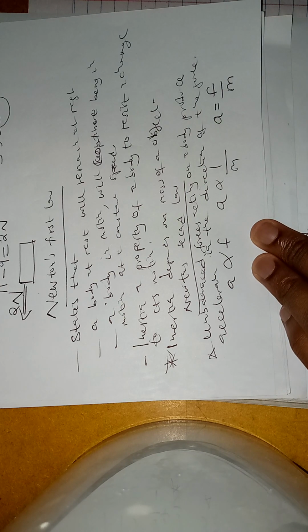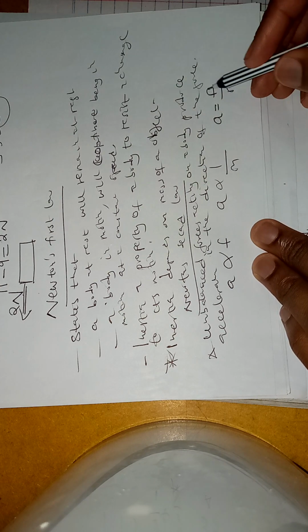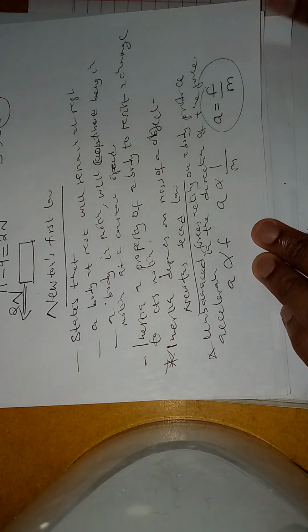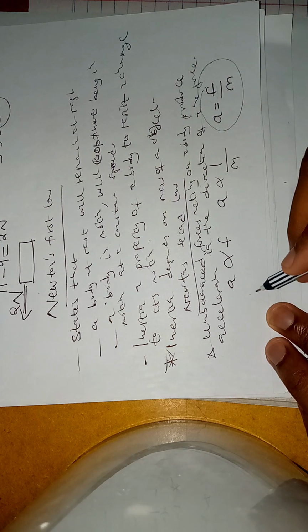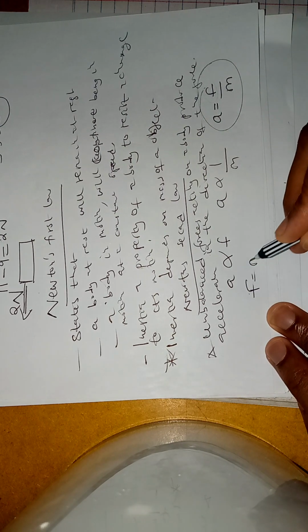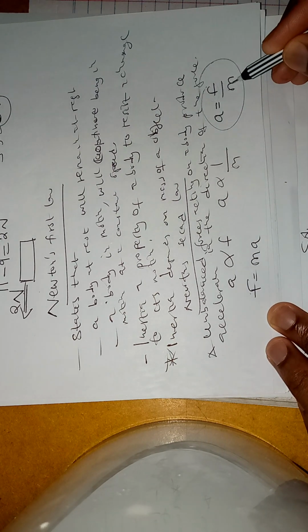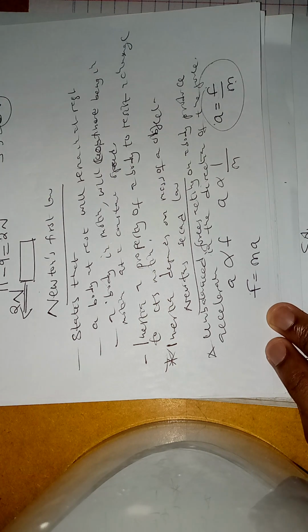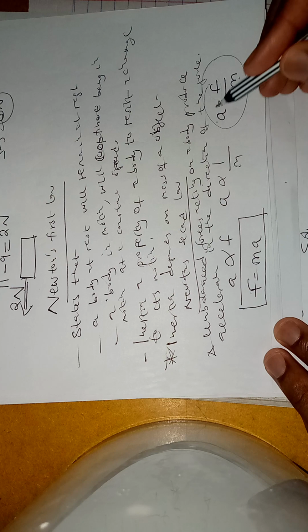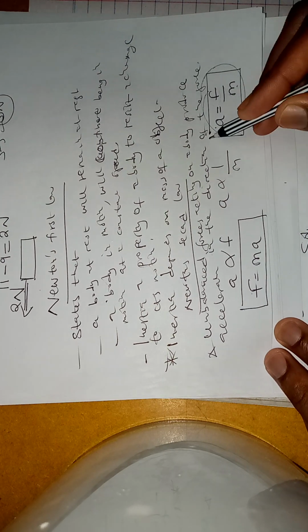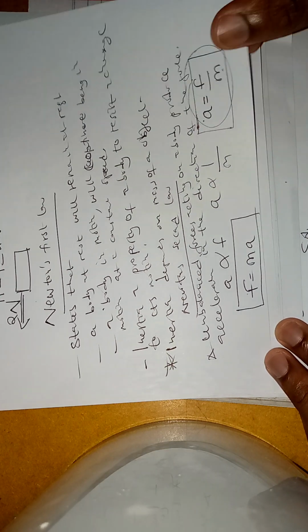From this relation we can say, if we want to find the force, force is equal to mass times acceleration, by just multiplying the acceleration and the mass. So these are the two important formulas that we're supposed to know. Okay, let's move on.